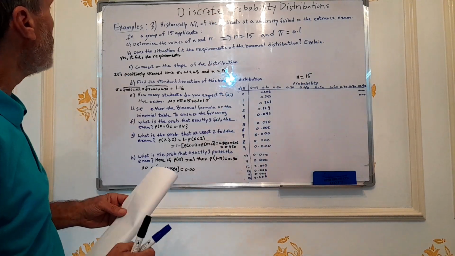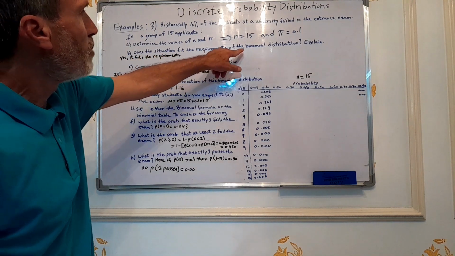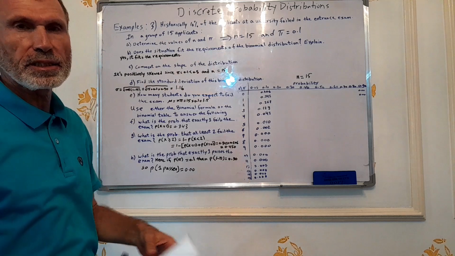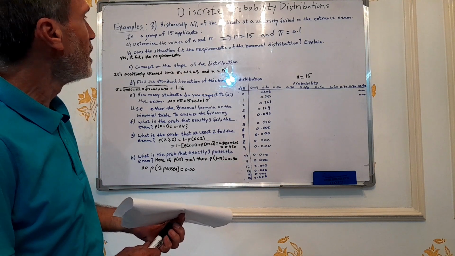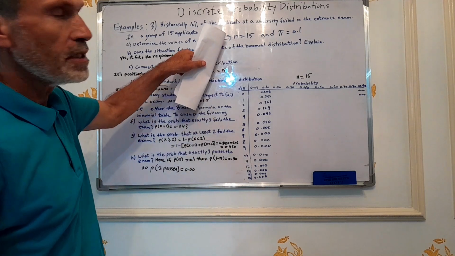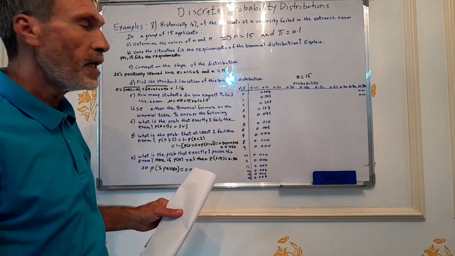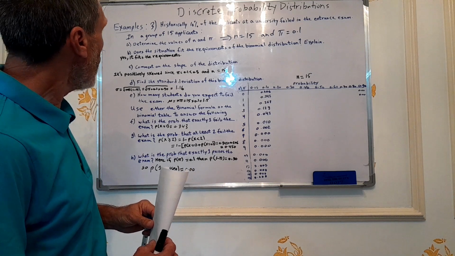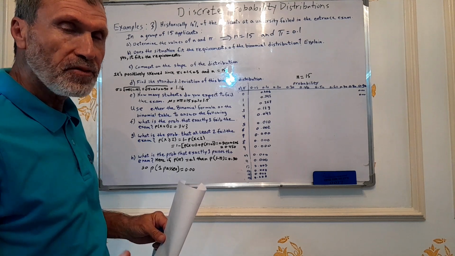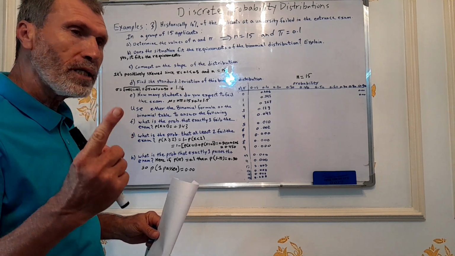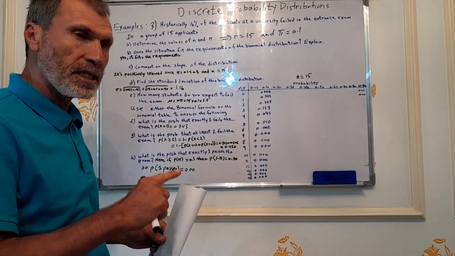Now B says, does the situation fit the requirements of the binomial distribution? Already we discussed that in the previous example. We said, yes, indeed, it does fit the requirements of a binomial distribution because an outcome on a trial is classified into one of two categories, either a success or a failure.